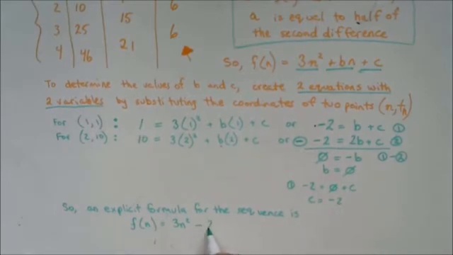So we got 3n squared minus 2, where n belongs to the set of natural numbers.